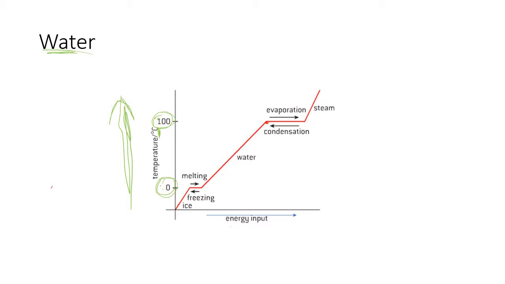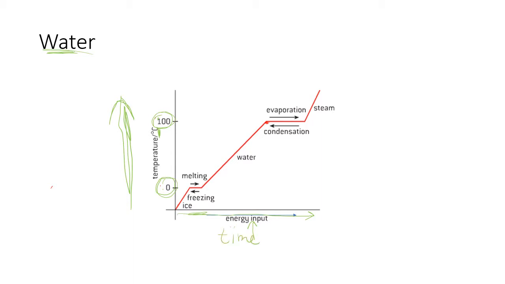Okay, and here you see on this side, this direction is showing you that it's energy being input. And when it's energy input, it's usually in the form of heat because that is the energy that we use to change the states of matter of a substance. A lot of times, instead of saying the words energy input, you see the word time.